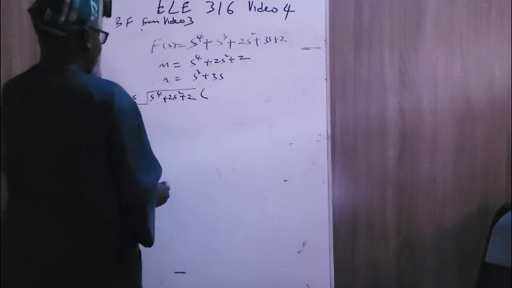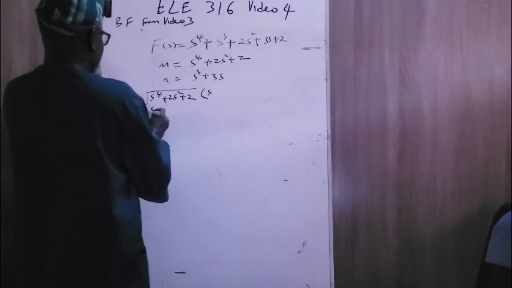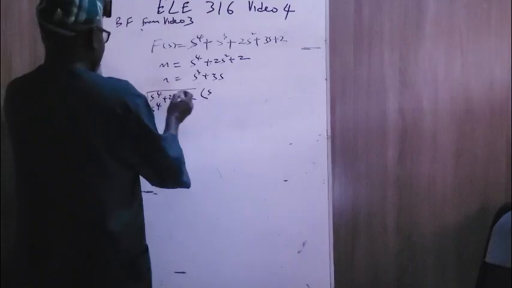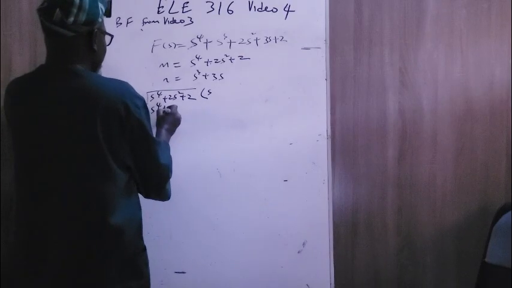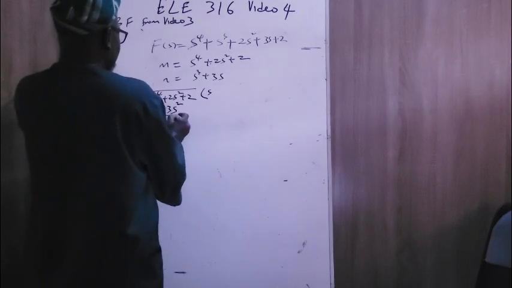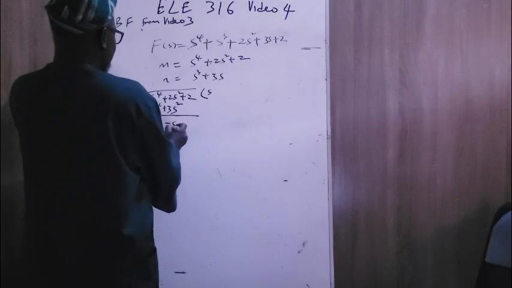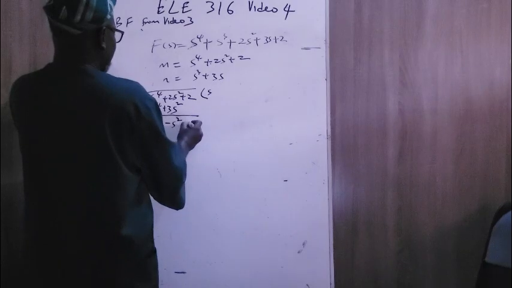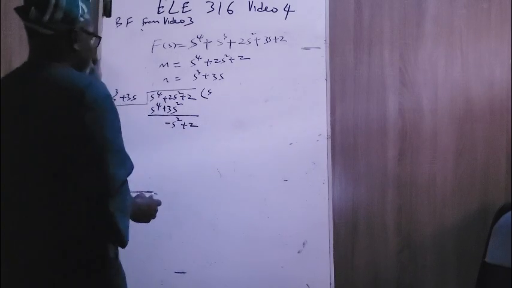What are we going to have? We're going to have s. This is going to be s^4, s times this, 3s^2. When we subtract, we're going to have minus s^2 plus 2.